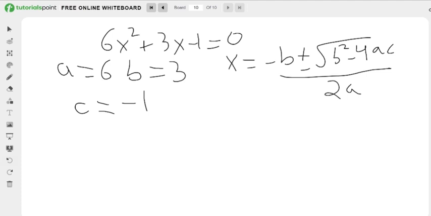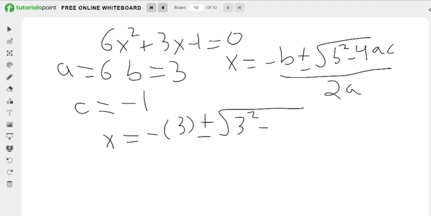Now let's plug this into our formula. We have negative, and we put in our b value, which is 3, plus or minus the square root of b squared, so 3 squared, minus 4 times a, which is 6 in our case, and c, which is negative 1.